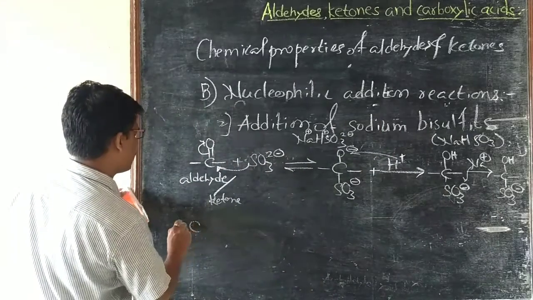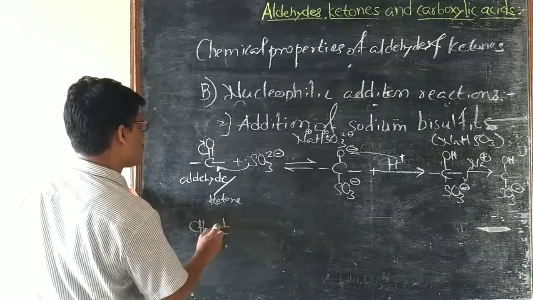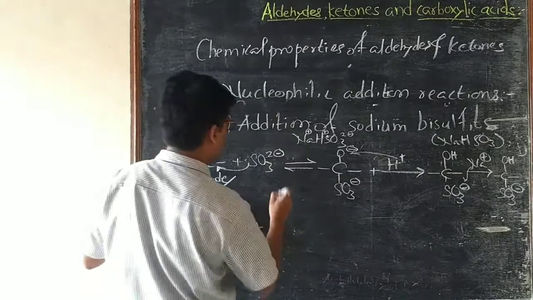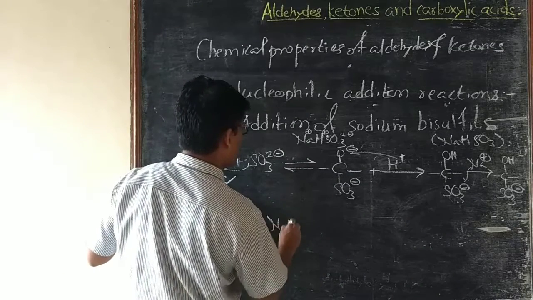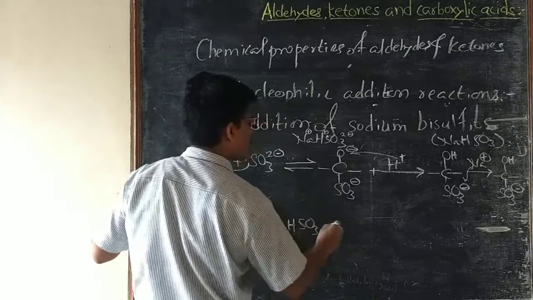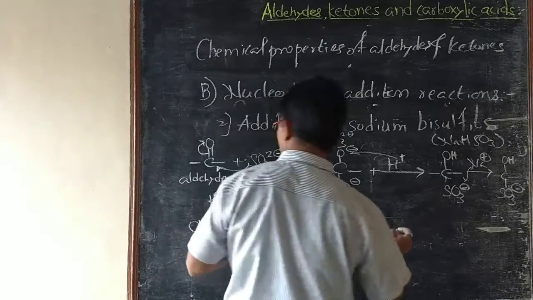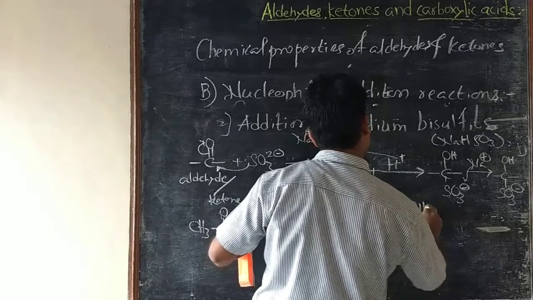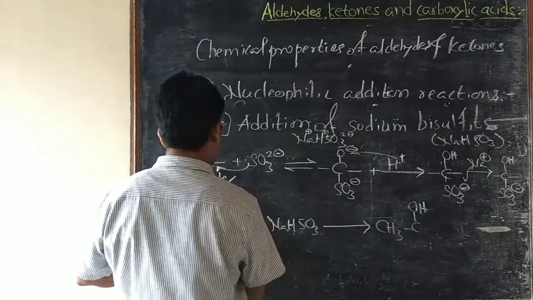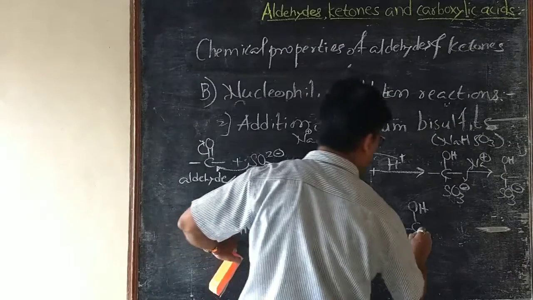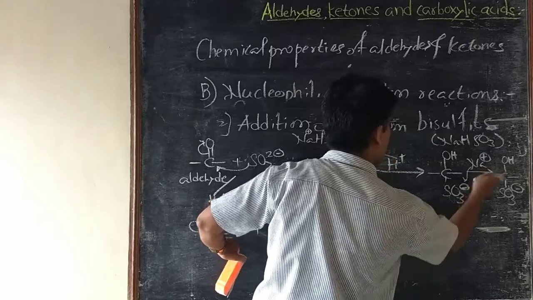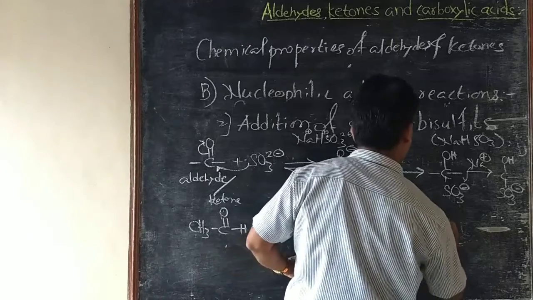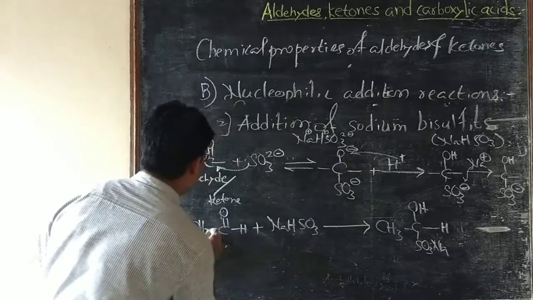For example, when acetaldehyde reacts with NaHSO3, that is sodium bisulfite, it gives its corresponding adduct. The SO3 minus goes to the carbonyl carbon, and lastly Na plus goes to the SO3 minus, and this hydrogen.